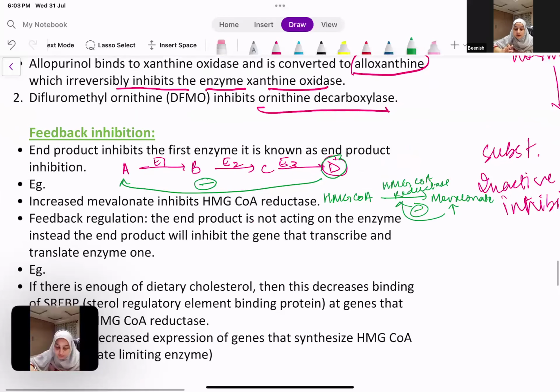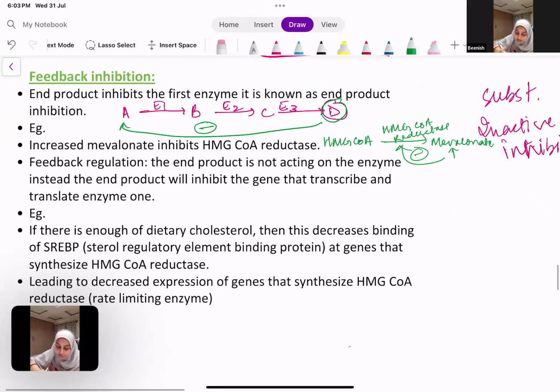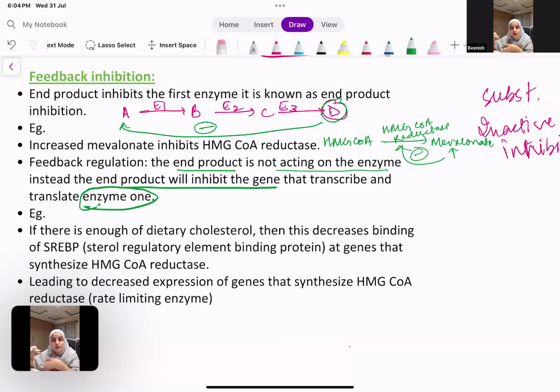Now what is end product regulation? Here the end product is not acting on the enzyme. Instead, the end product will inhibit the gene that transcribes and translates the enzyme one. In feedback inhibition or end product inhibition, the end product was inhibiting the first enzyme. But in feedback regulation, the end product is going to inhibit the gene which transcribes that first enzyme.